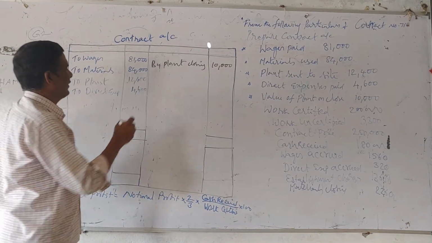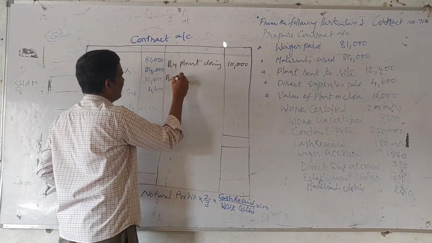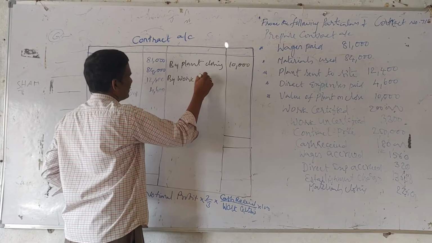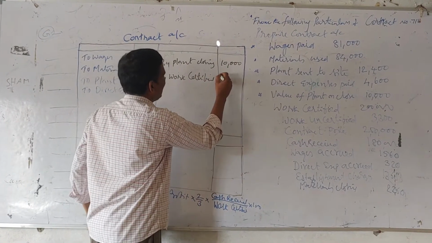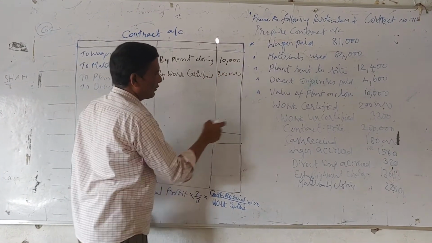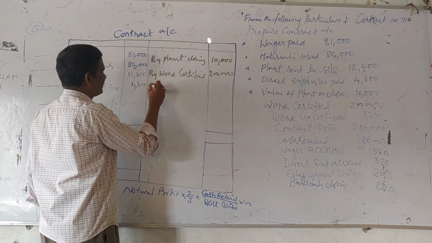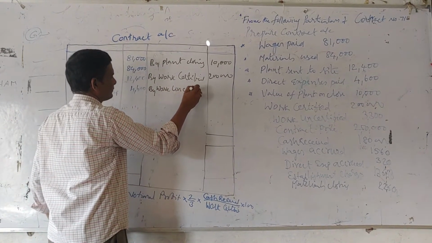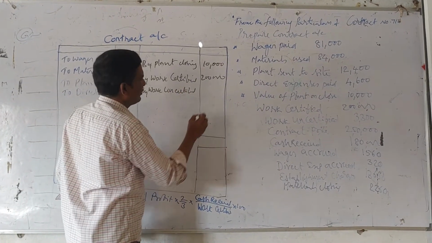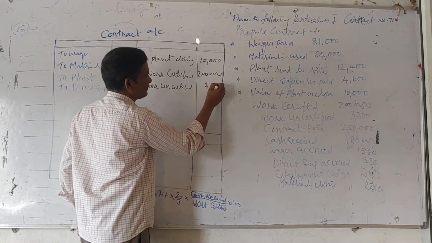Then work certified, you know very well, work certified is credited. Work certified is credited, 2 lakhs. And work uncertified is also credited, that is only 3,300.